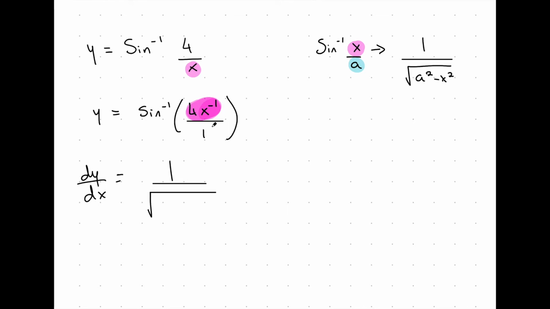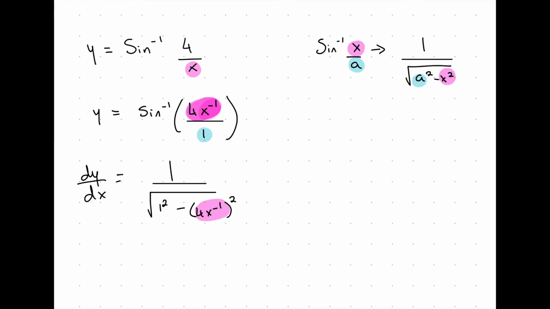So I'm going to put in 1 squared, following the formula there. So 1 squared minus, and then our x, remember, is all of the 4x to the minus 1. So that's where I'm going to fill it in inside here now. So all of that squared. So 4x to the minus 1.